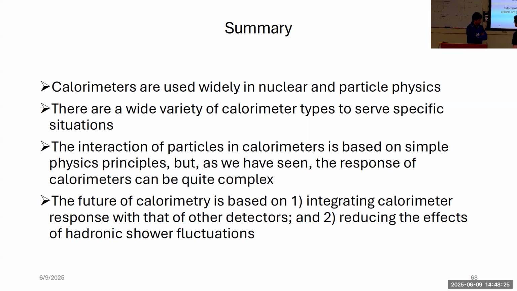One example is CMS, which has lead tungstate. Lead tungstate itself produces around 200 photons. So if a particle deposits 1 MeV, it will produce 200 photons.